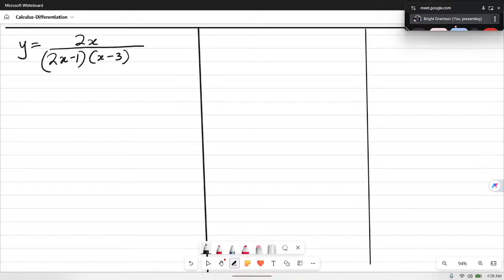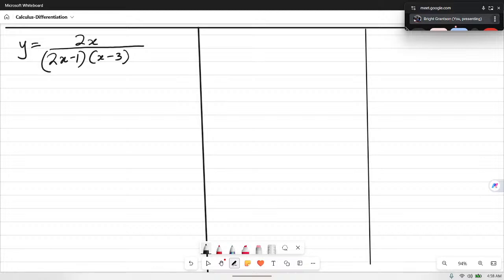Now, in such a situation, what do we do? Should we decompose the fraction or should we multiply the denominator to get the quadratic function? Now, this one, we have two techniques we can use.